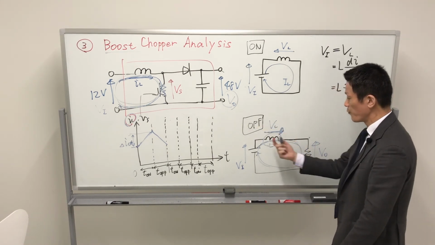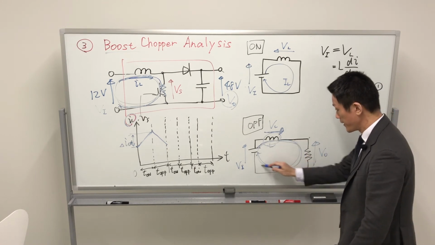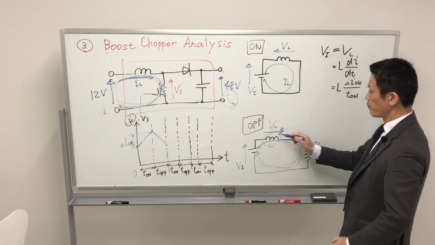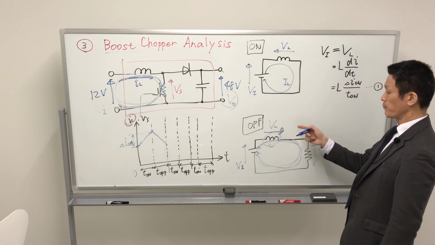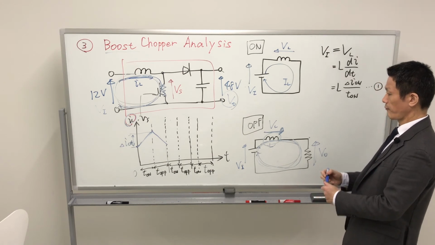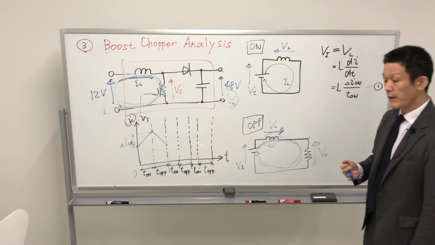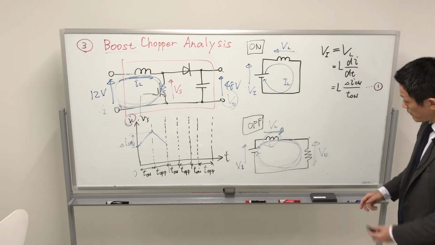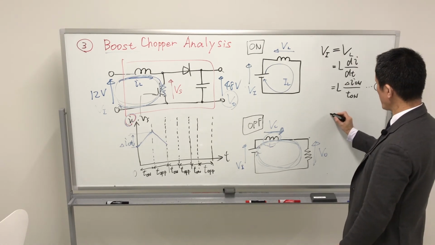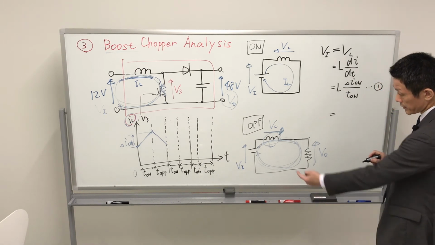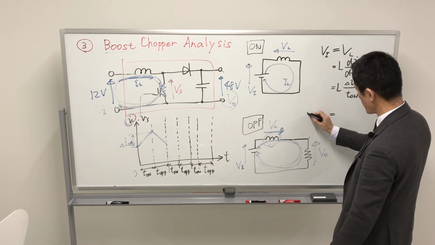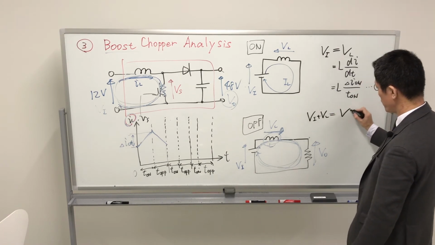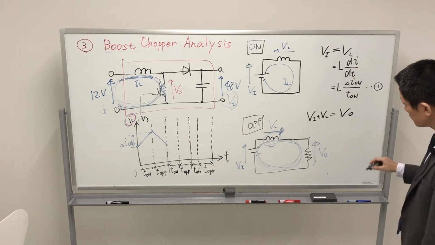It wants to keep flowing the same current value. So voltage appears across in this direction. That discussion is Faraday's law. So we will obtain the equation in the same direction: V in, V L, V out.